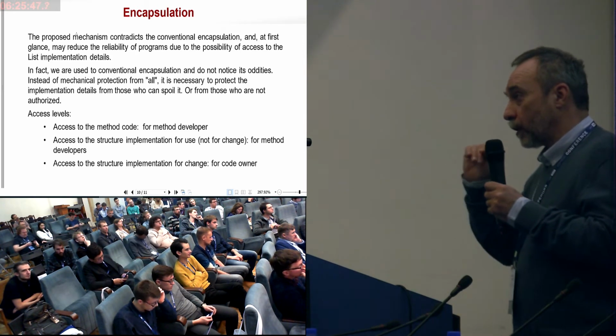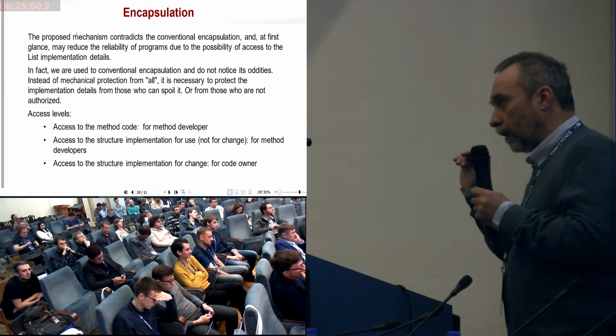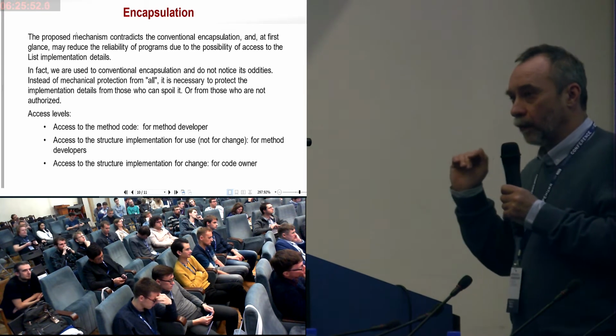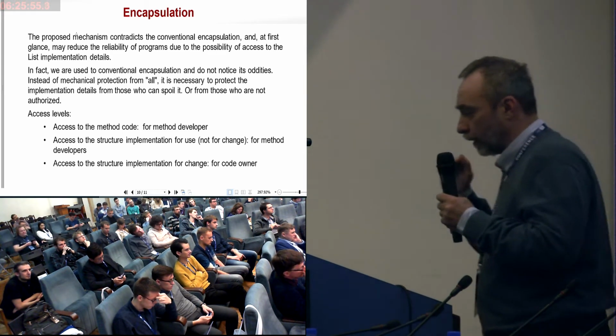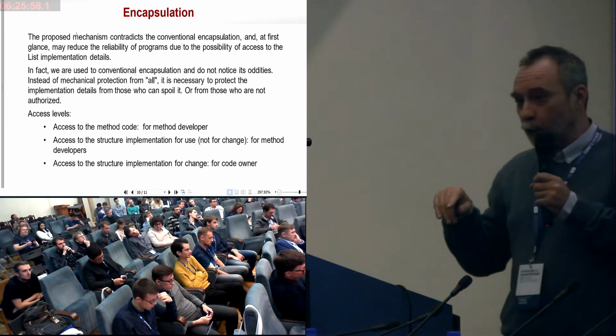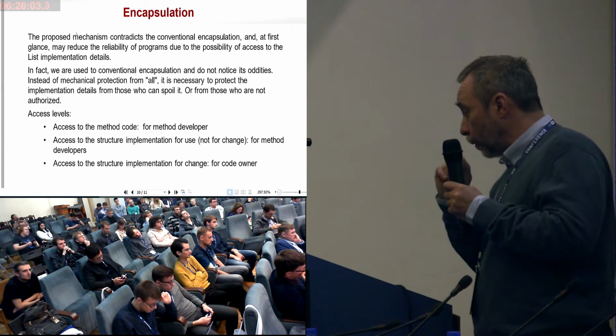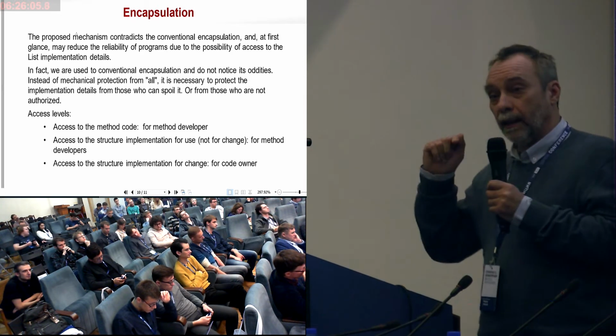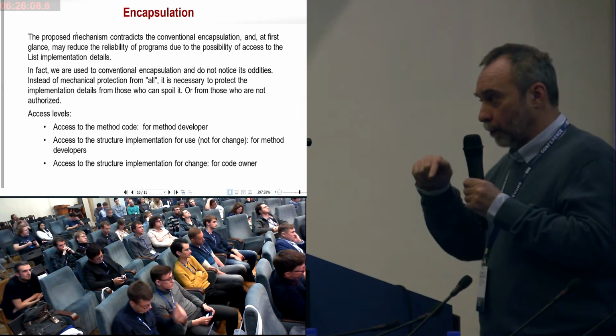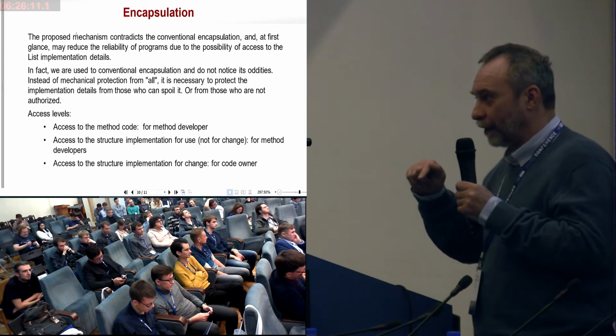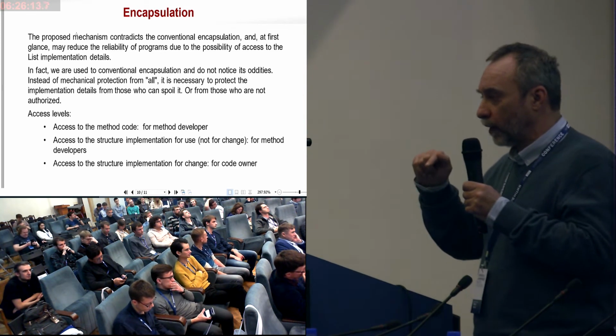With this methodology, we also have an opportunity to introduce several levels of administrative encapsulation, or levels of access. So 3 of them are here. There is access to the code of a specific method. There is access to the implementation, the details of execution of the structure.